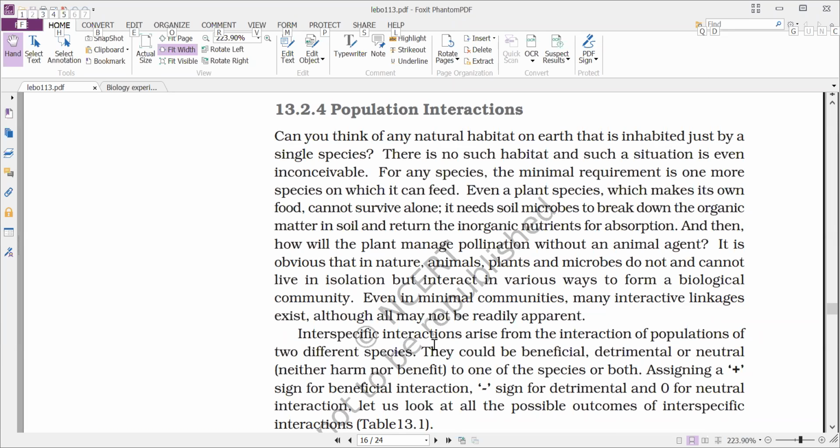Even in minimal communities, many interactive linkages exist, although all may not be readily apparent, that means not clearly understood. Some interactions we don't know clearly, but still some interactive linkage exists between the different organisms present in the habitat.